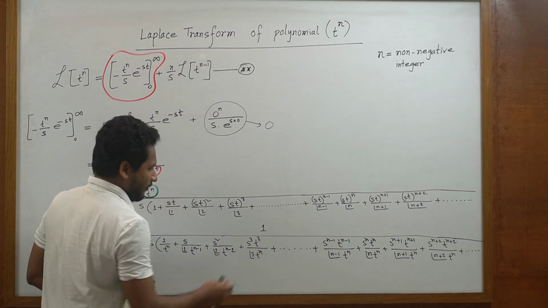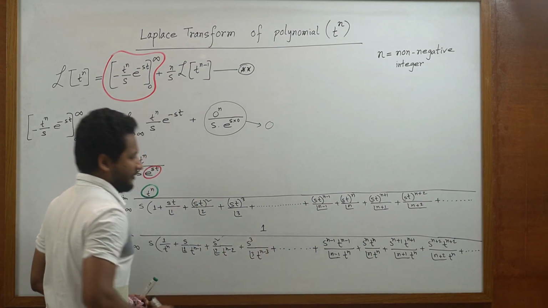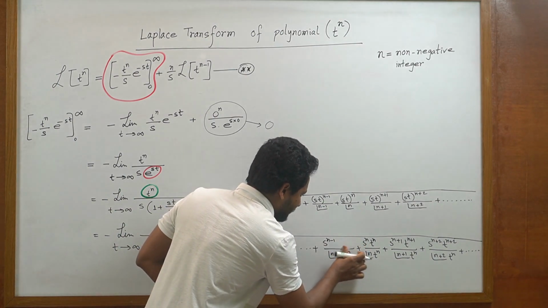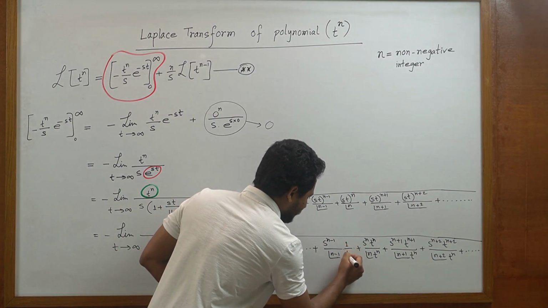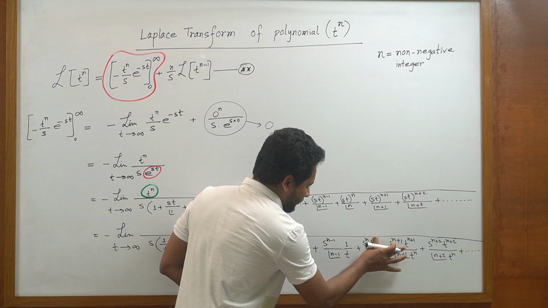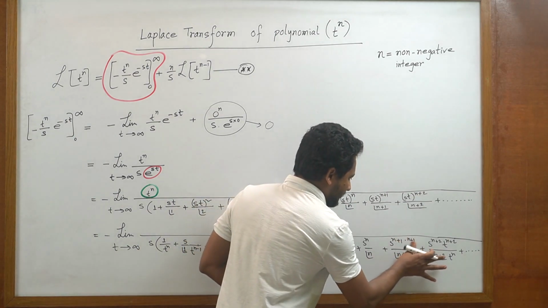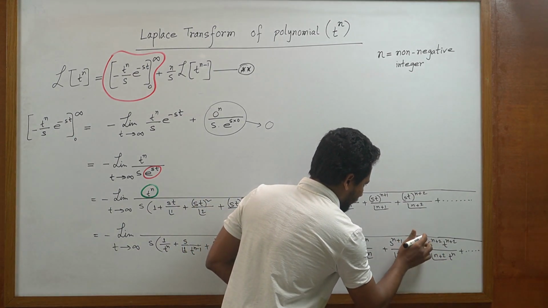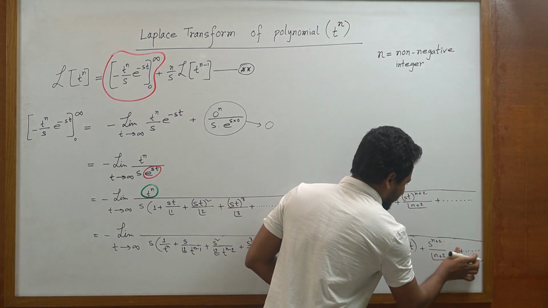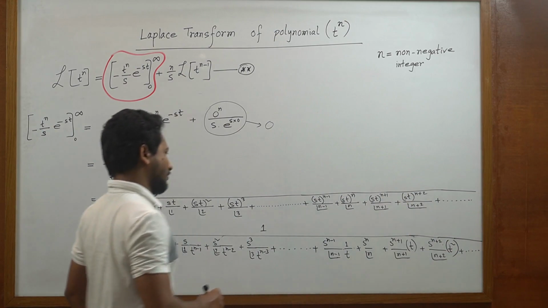This part we will write 1 by t to the power n minus 3. This part will be just 1 by t. We are simplifying. In this term, t to the power n is cancelled. In this part only t will be present, in this part t square is present, and so on.